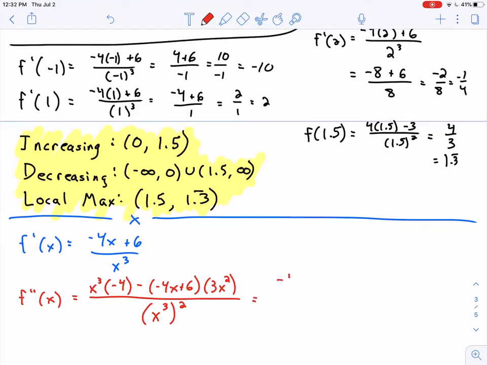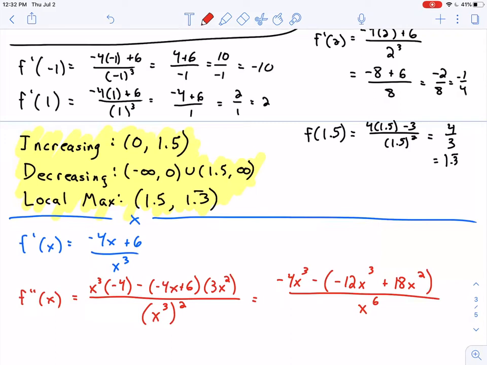I'll have negative 4x cubed in my numerator. I'm going to take this 3x squared first and distribute that. So minus, I'll have negative 12x to the third plus 18x squared all over x to the 6th power.